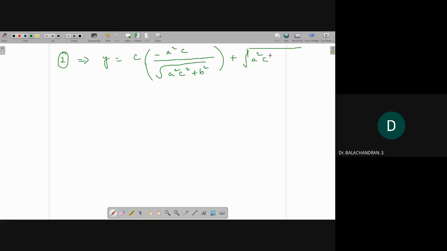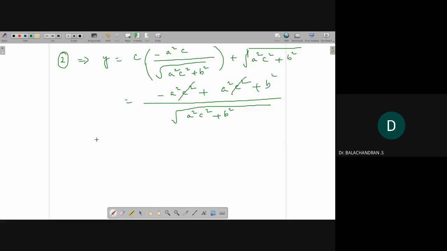If you take root of a square c square plus b square as LCM, we get minus a square c square plus a square c square plus b square. So you can cancel these two. So y equal to b square divided by root of a square c square plus b square.